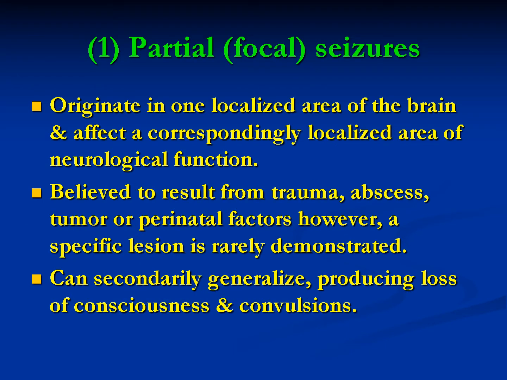Partial seizures originate in a localized area of the brain and affect the localized area of neurological function. It is believed to result from trauma, abscess, or perinatal factors. However, a specific lesion is rarely demonstrated. It can secondarily generalize, with loss of consciousness and convulsion.